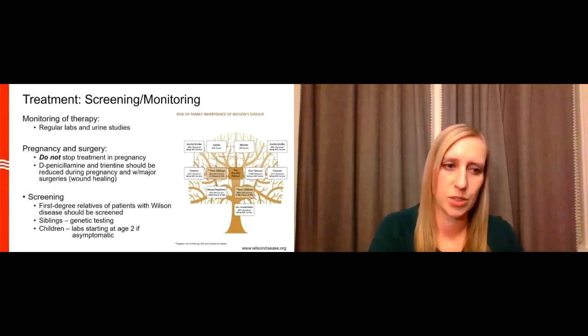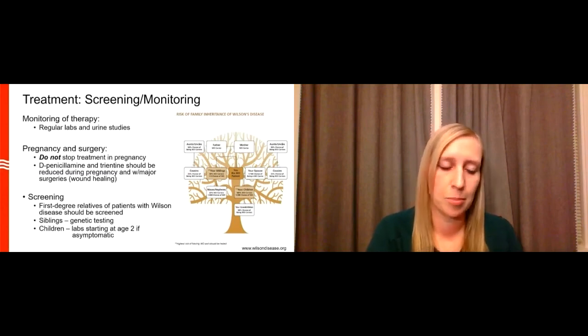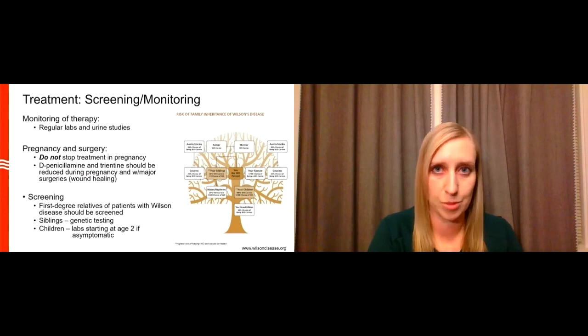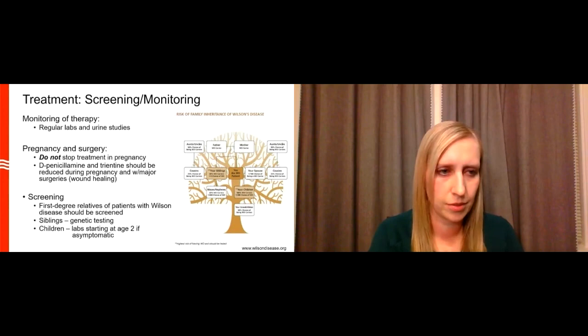Our AASLD guidelines recommend that siblings undergo genetic testing if available. If not, as we do with children, usually getting labs, urine tests, ceruloplasmin, slit lamp exam is the way to screen these folks for Wilson disease. Next slide, please.